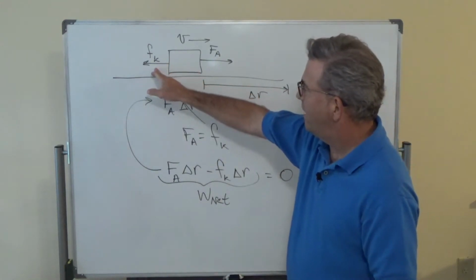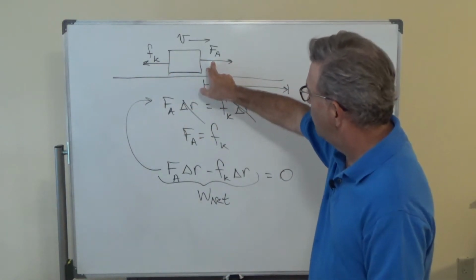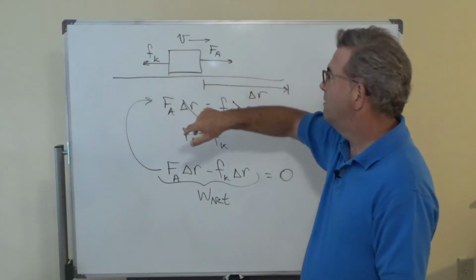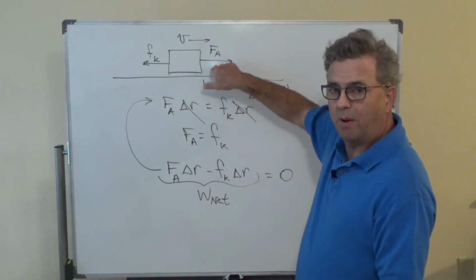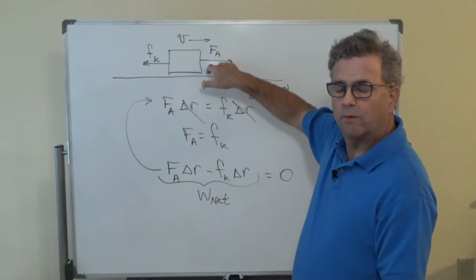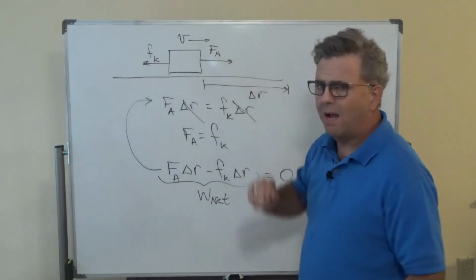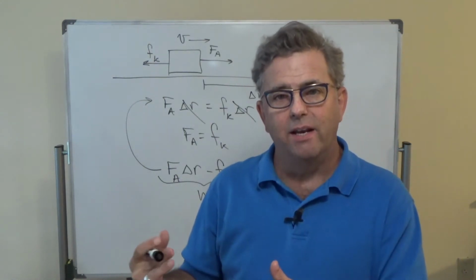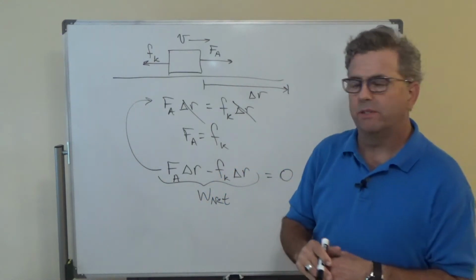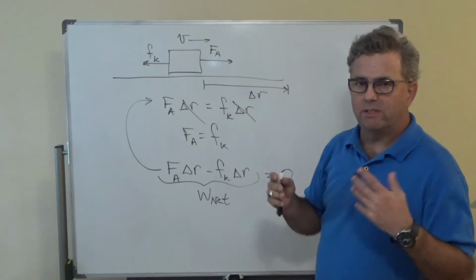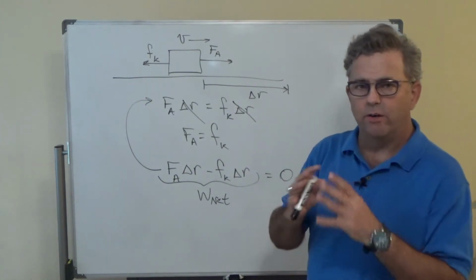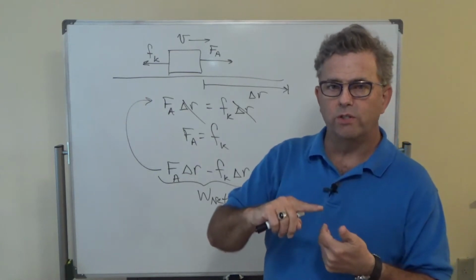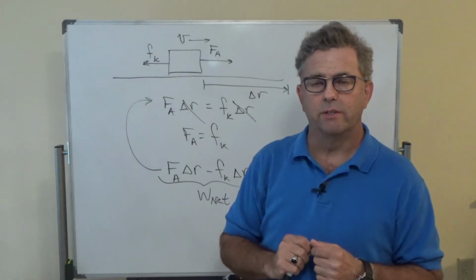If this kinetic friction force is greater, magnitude-wise, than this applied force, the object is slowing down. There's a net negative amount of work being done on the object, and it's slowing down. This is the idea. This is that interplay between work, forces, and kinetic energy.